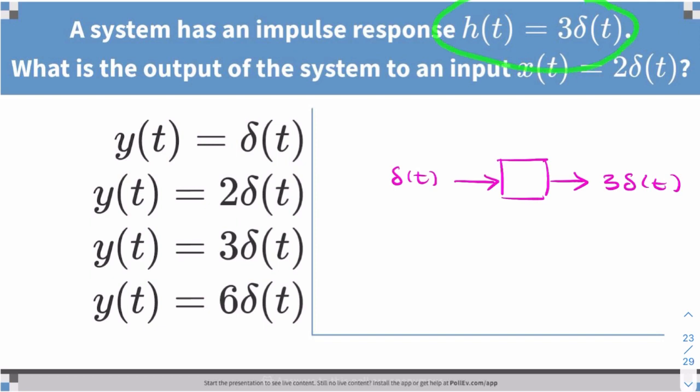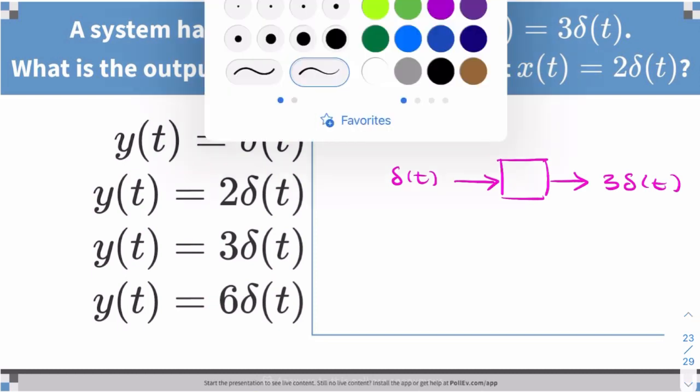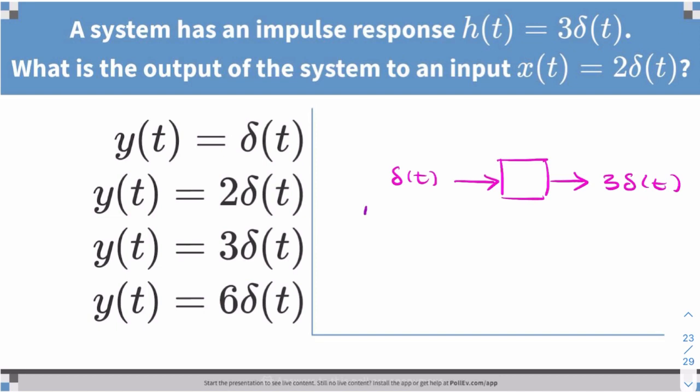From there. So by definition, if the input is an impulse, that's the output. Let me just label that. This is the input equals impulse, a unit impulse. The output is h of t by definition.